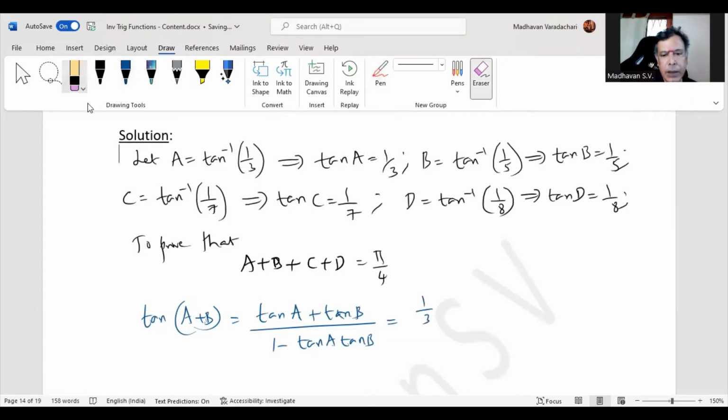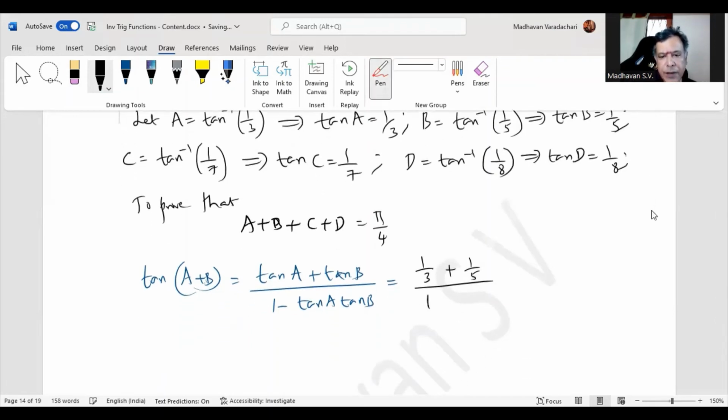This is our general formula. So I will now change this to 1 by 3 plus 1 by 5, because we assumed tan A and tan B as 1 by 3 and 1 by 5, minus 1 by 3 multiplied by 1 by 5.